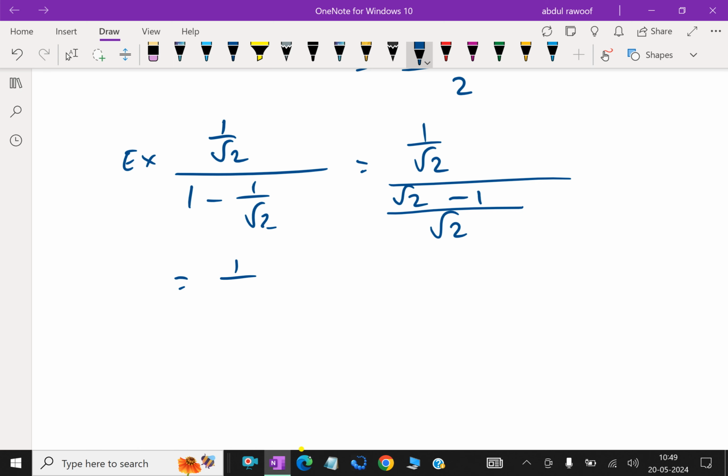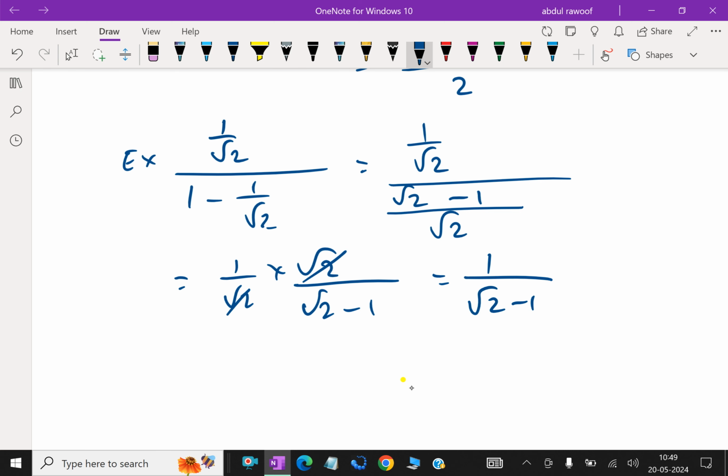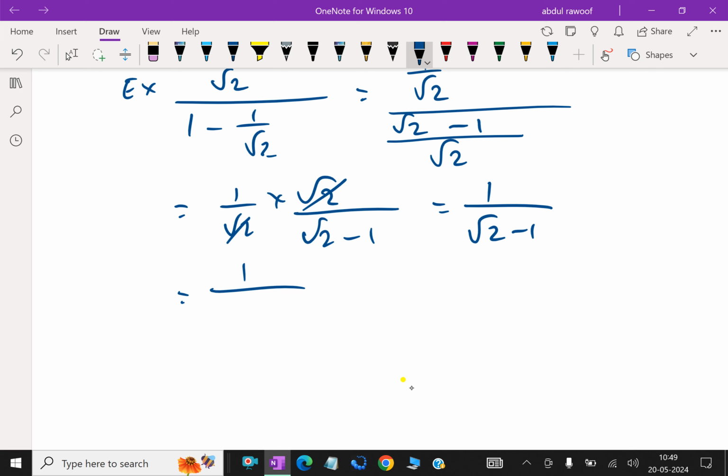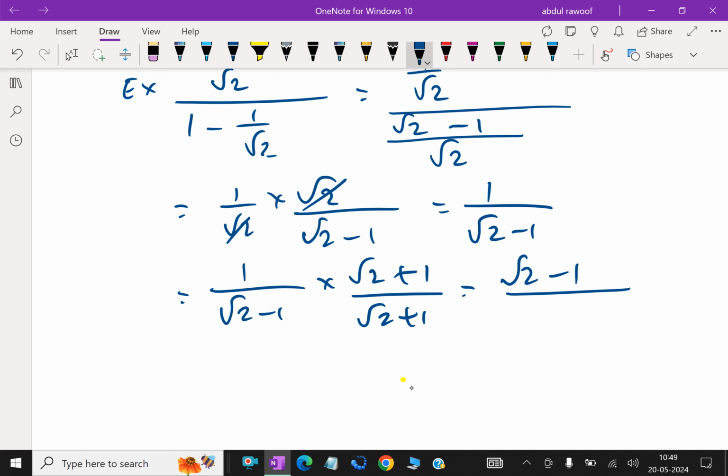So this is equal to 1 over root 2 into the reciprocal of the denominator, that is root 2 over root 2 minus 1, which is equal to 1 over root 2 minus 1. Now rationalize the denominator: 1 over root 2 minus 1 into the opposite, which is plus 1, root 2 plus 1, which is equal to root 2 plus 1 over root 2 square is 2, minus 1 square is 1. So which is equal to root 2 plus 1 over 2 minus 1, which is 1, so equal to root 2 plus 1.